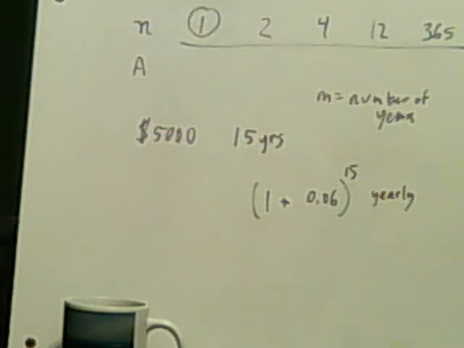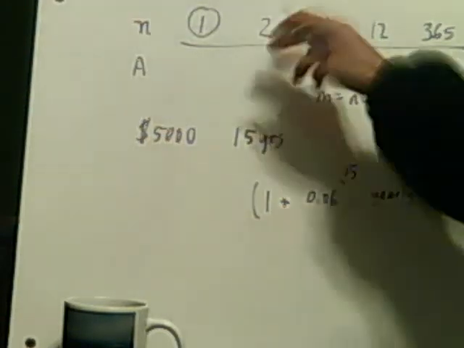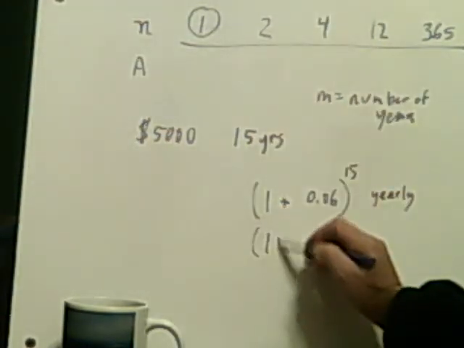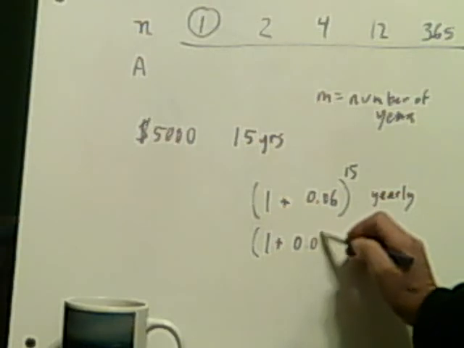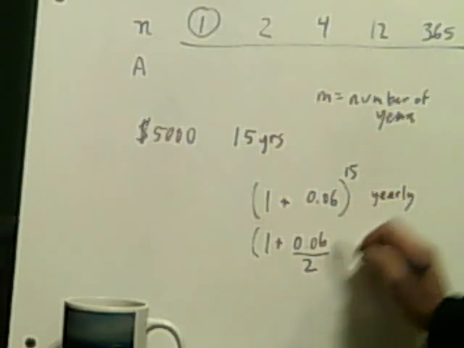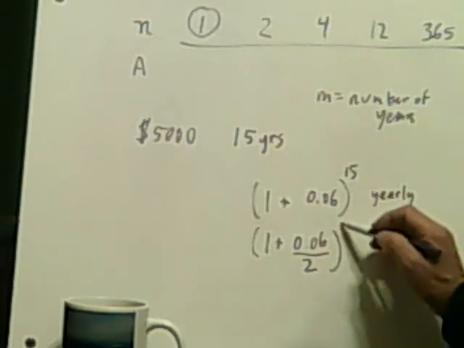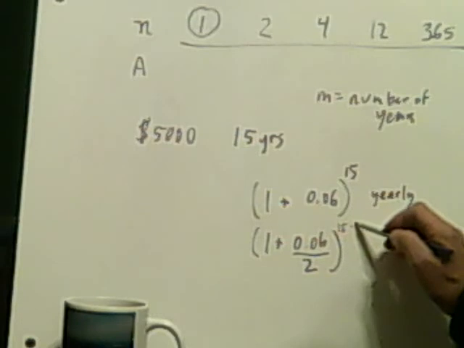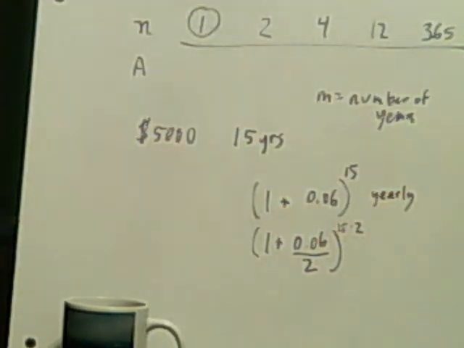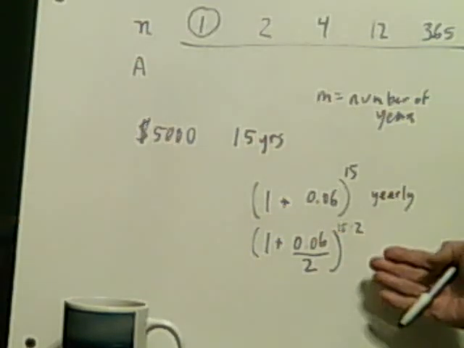But if it's compounded semi-annually, which is n equals 2, the formula would be 1 plus 0.06 divided by 2. But now it gets compounded 15 times 2 times. So it's like 3% every 6 months, and it gets compounded 30 times.